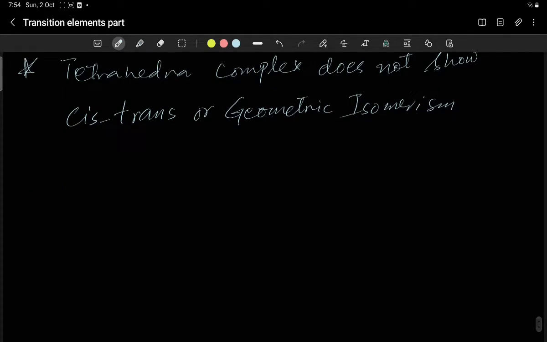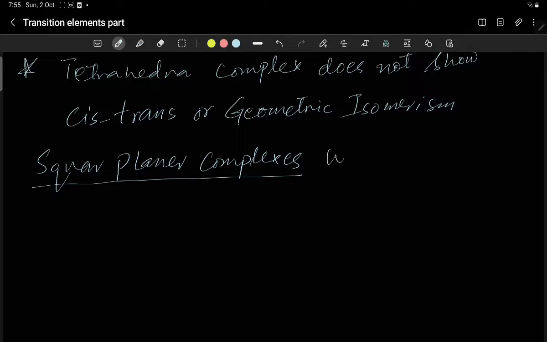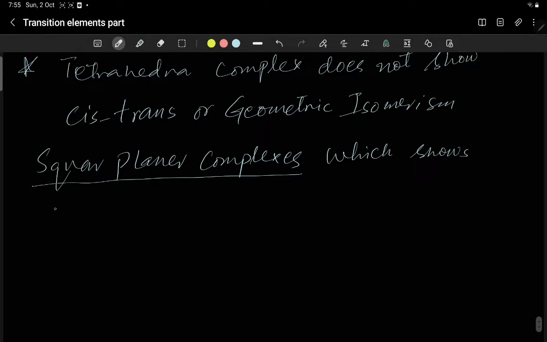So let's discuss the square planar complex molecule which shows the cis trans isomers. Square planar complexes which show cis trans isomerism.